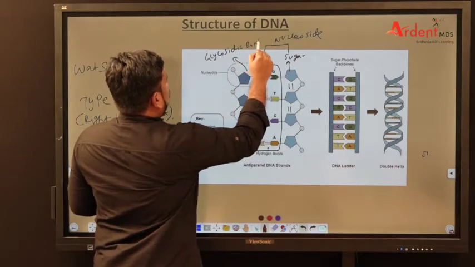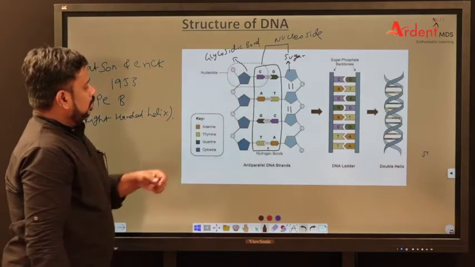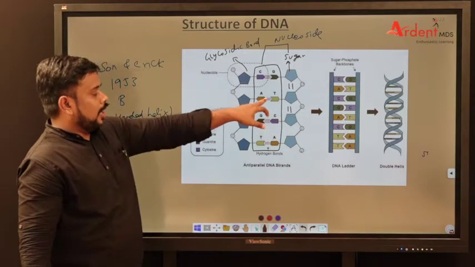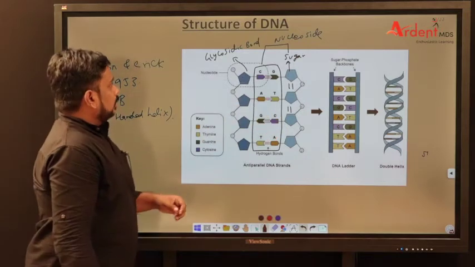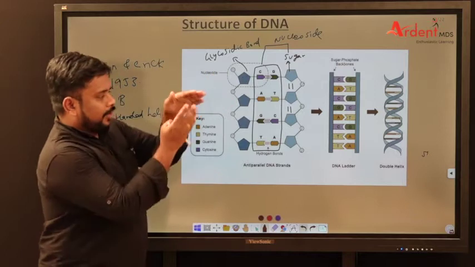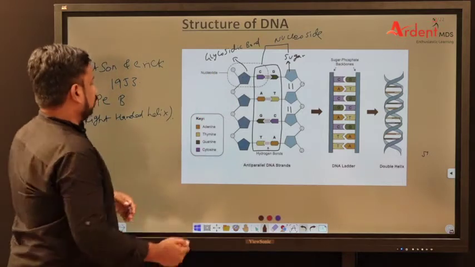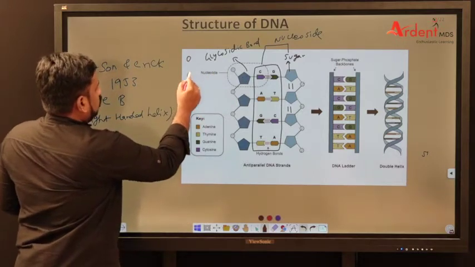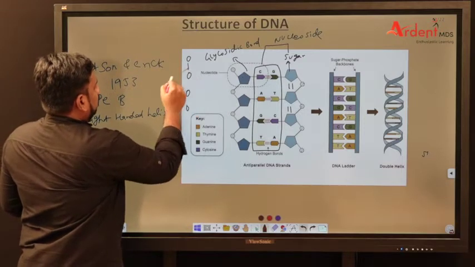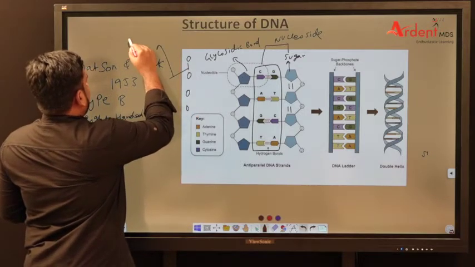So there are three types of bond: here a glycosidic bond, here a van der Waals bond, here a hydrogen bond. And between the nucleotides, every nucleotide is joined together by a phosphodiester bond.